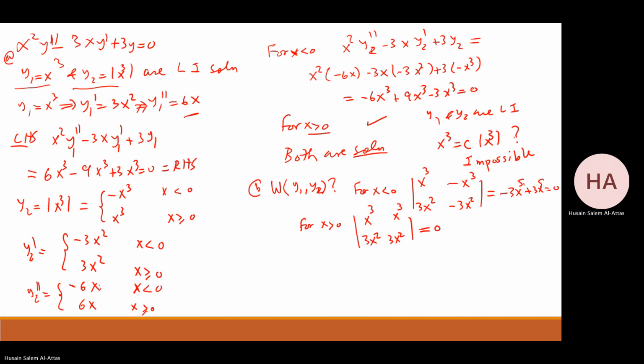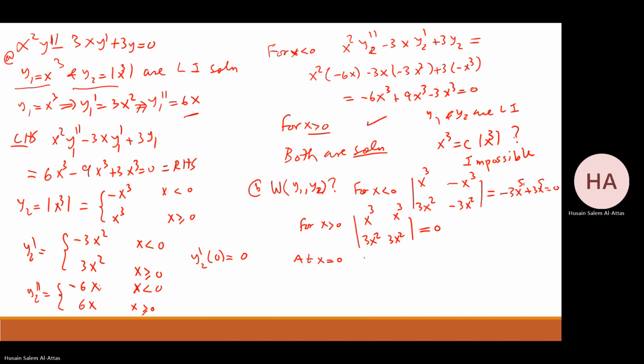Now, at x equals 0, what will happen? At x equals 0, I know from here y2 prime at 0 is 0.